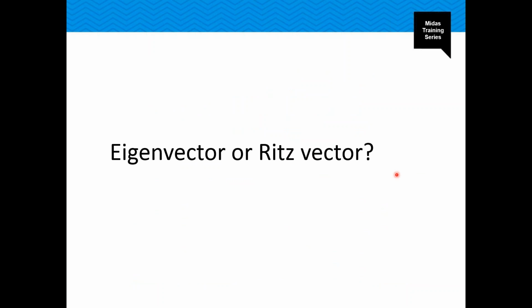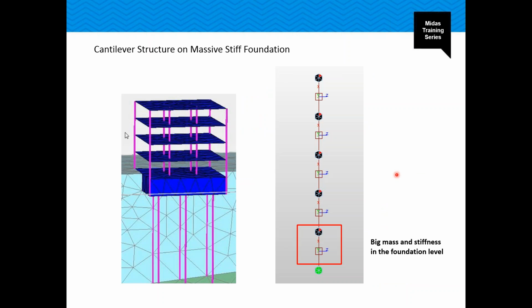Why do some engineers want to use the Ritz vector method instead of the eigenvector method? The eigenvector method always provides exact frequencies and shapes of natural modes. This is a model of a lightweight superstructure built on a massive foundation supported on stiff piles that are modeled using a spring.